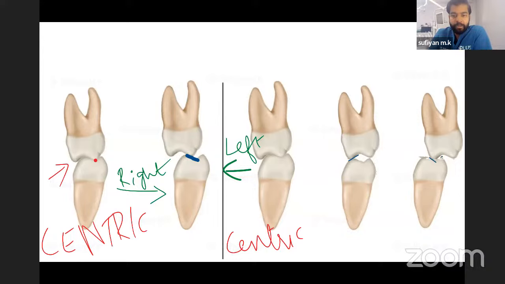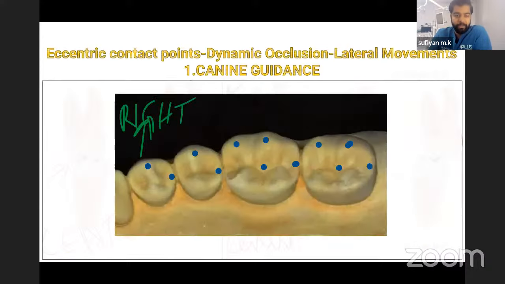Okay. So after you check in the patient's mouth, imagine the patient is having canine guidance. Okay, canine guidance the patient is having. So what I said before, after you check the articulating paper points in the posterior for a patient with canine guidance, you should have markings only on the canine, right?